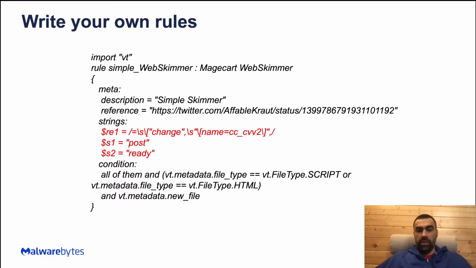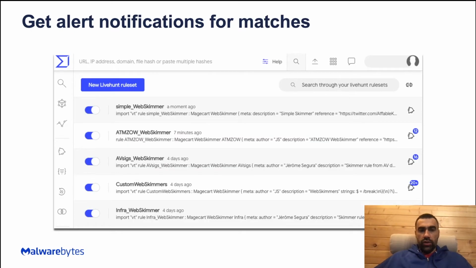A very basic rule. Again, you could make it a bit tighter if you want to limit false positives. But again, it's building a YARA rule that you're going to be able to put in your VirusTotal live hunt, and then have notifications when that rule hits. This is the interface for the live hunt rule sets.